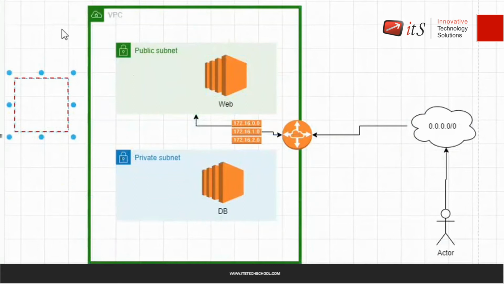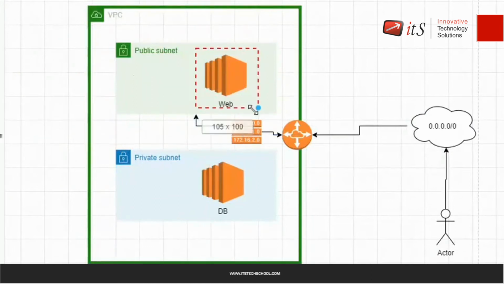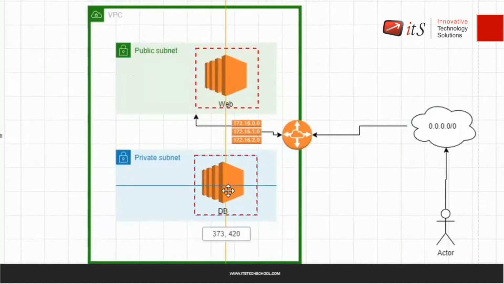We will need two security groups: one security group for my web server and the other security group for my DB server, right? The security group of the web server will allow all the HTTP related requests, and the security group of the DB server will allow all the MySQL related requests. Right? These are basically the firewalls.